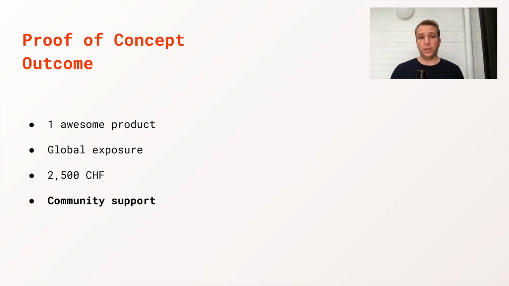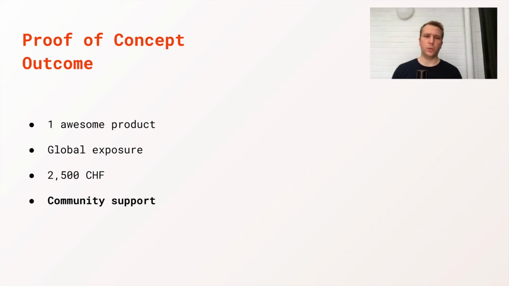We had an LCU, Lisk Center Utrecht, presentation, which organizes weekly meetups with the community, and we had a lot of social media traction. Additionally, Lisk provides 2,500 Swiss francs, which is also awesome, and we had a lot of community support.